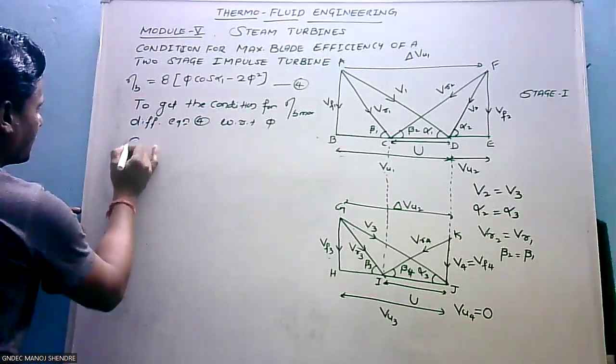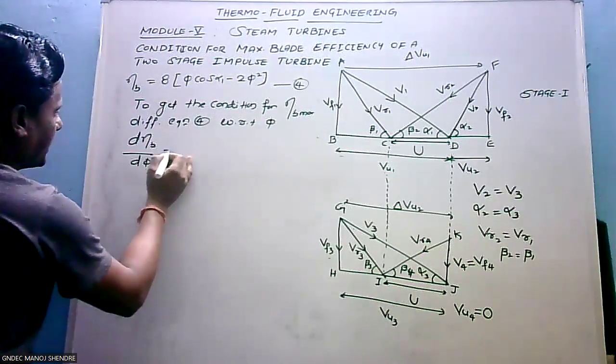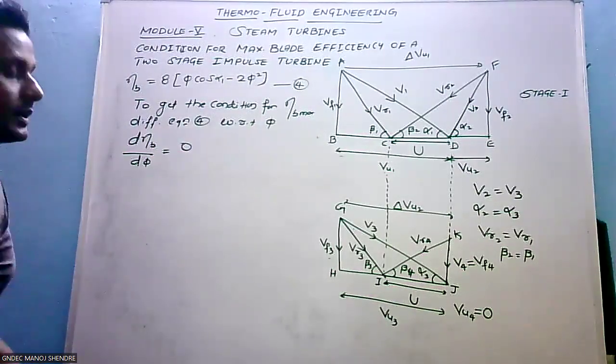Look at the board carefully. So differentiation of eta b with respect to phi and equate it to 0.